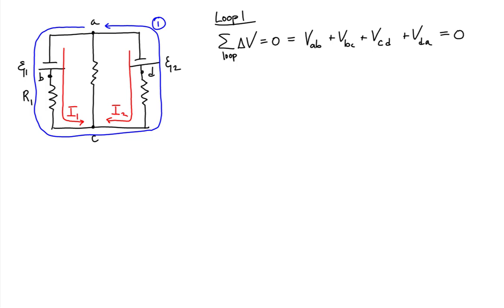So let's look at each of these voltages in turn. The voltage from A to B is the voltage that goes across battery 1. And we said that voltage that goes across battery 1 is equal to psi. And let's go ahead and put the voltage of battery 2 as equal to 2 times the voltage of battery 1.